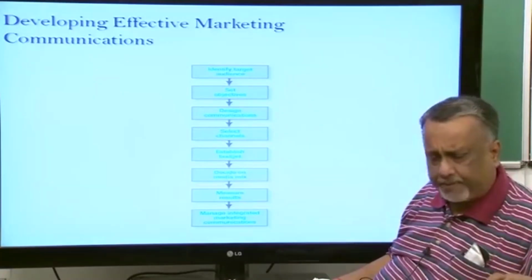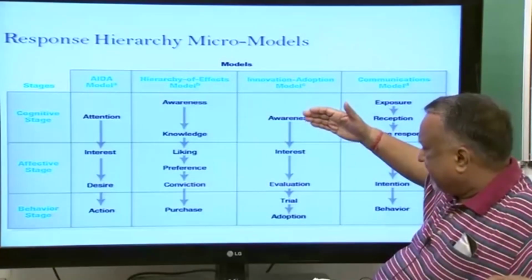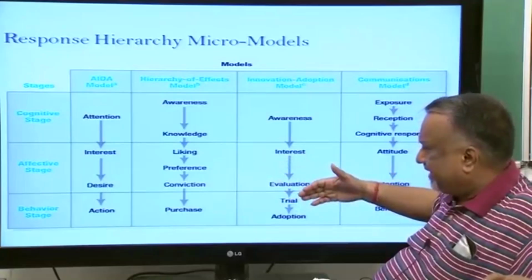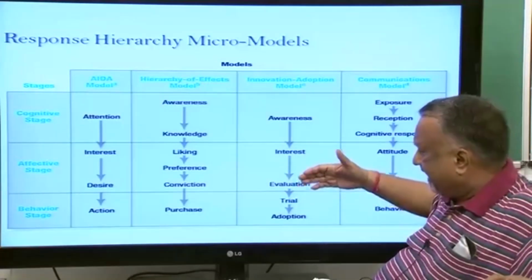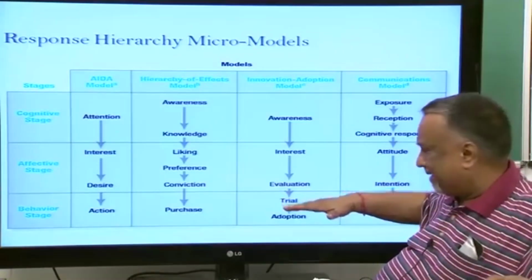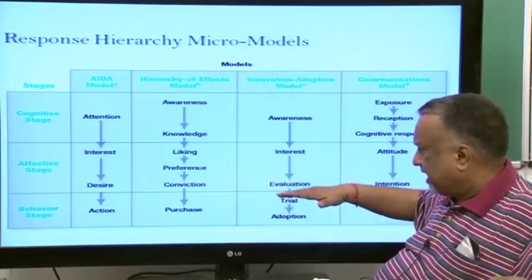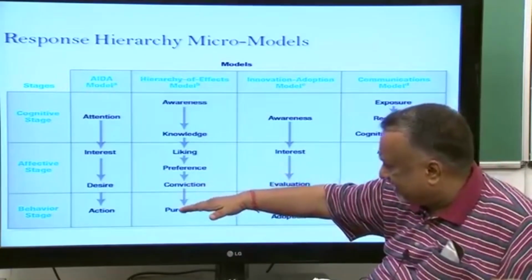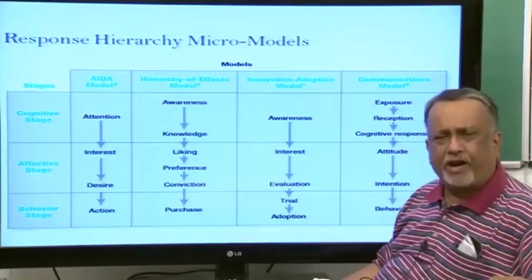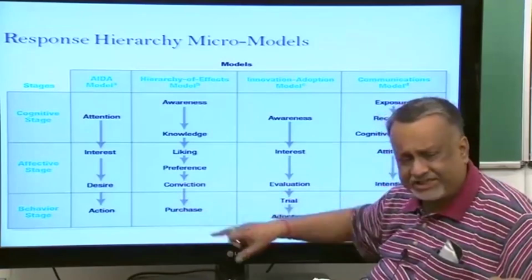your product. So, remember that as we discussed, marketing communication can bring the customer up to this point. Marketing communication cannot do more, there will be many a slip between the cup and the lip. After trial, final adoption, or after conviction, final purchase, there are other things that happen at the point of sale where the final purchase happens.